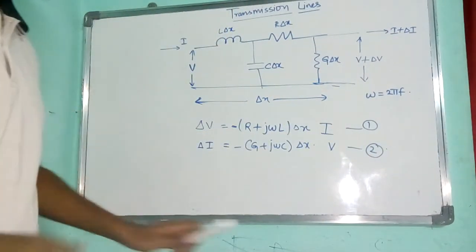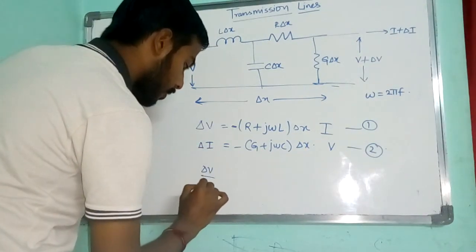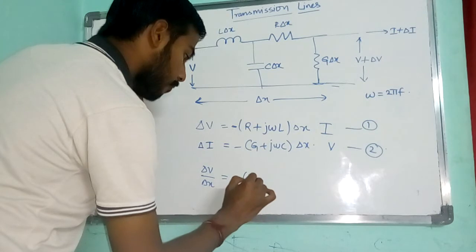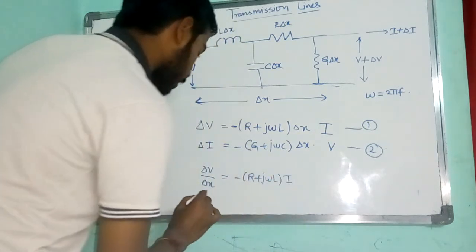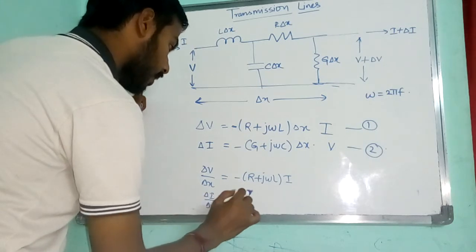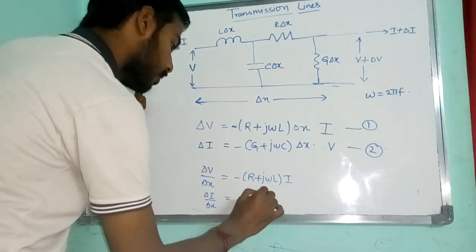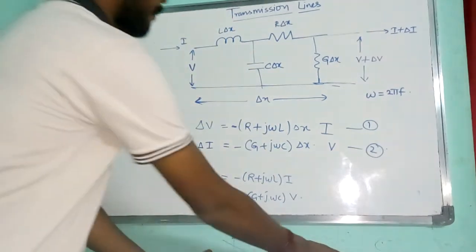Okay, now if you take delta x to the other side, delta V by delta x is given by minus R plus j omega L into I. And delta I by delta x equal to minus G plus j omega C into V. Okay, now apply the limit.